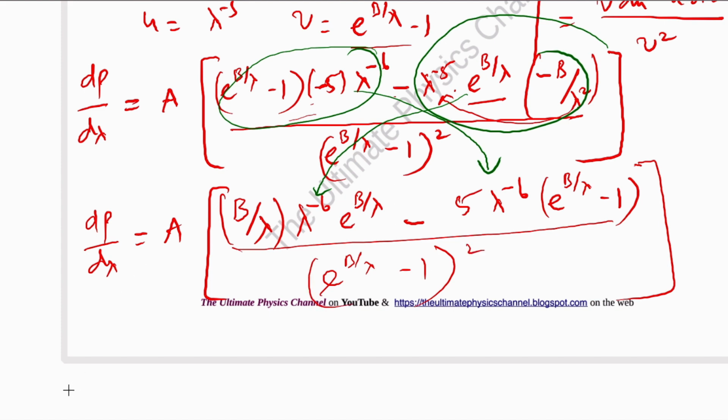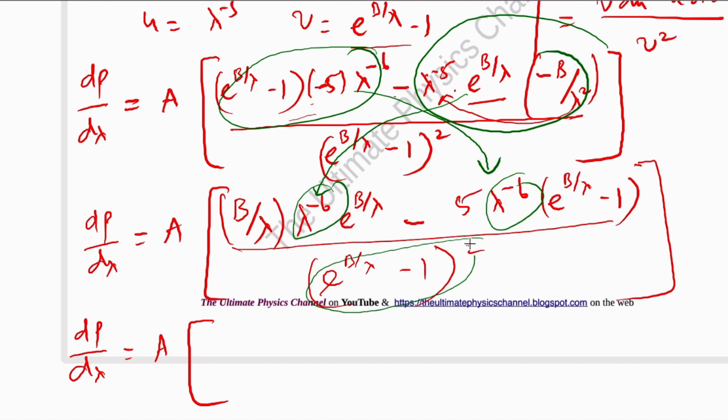If this is further simplified by dividing each term here, the first term by this and the second term by this, we have d rho over d lambda, which is equal to A times, let's say we take this lambda power minus 6, which is common to both, outside.